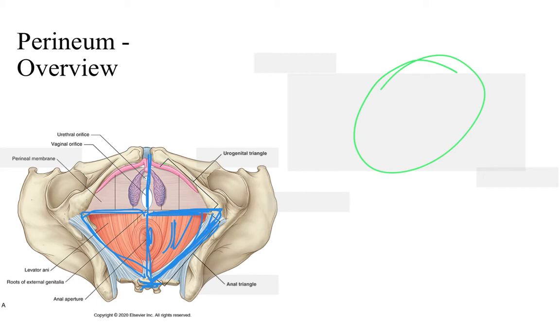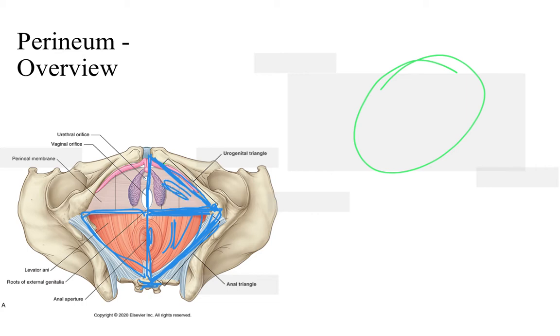The anterior border, of course, being the pubic bone right here, the inferior border of the pubic bone, all the way to the ischium right here. And then, of course, the posterior border would be the same as the anterior border of the anal triangle, which would be where the perineal membrane comes to an end.